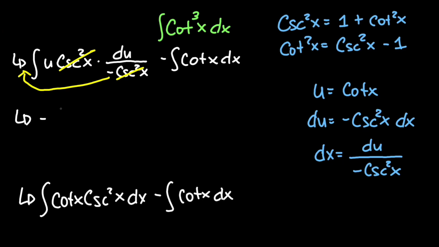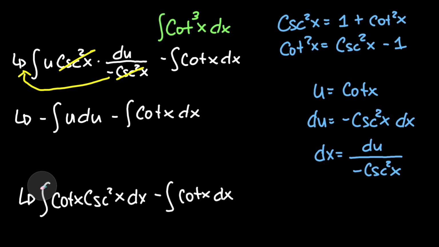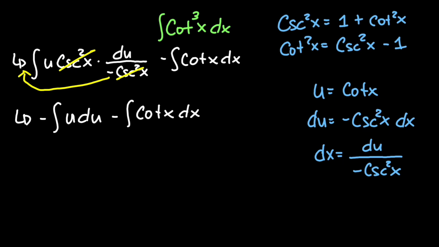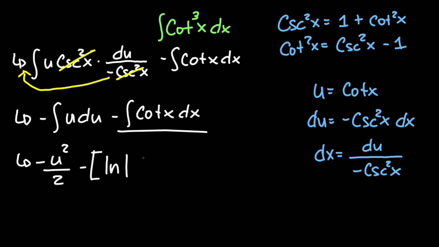So you are left with negative integral of u multiplied by du minus integral of cotangent x dx. And so the integral of u du would be equal to u squared over 2, and the integral of cotangent of x, we had solved this earlier, which is equal to the natural log of the absolute value of sine of x plus the constant of integration.